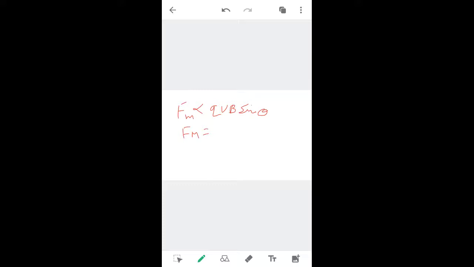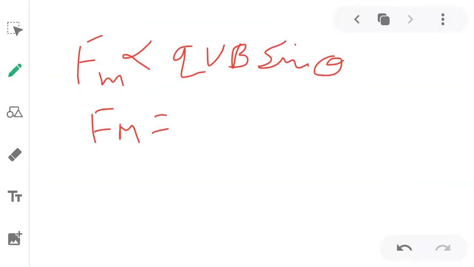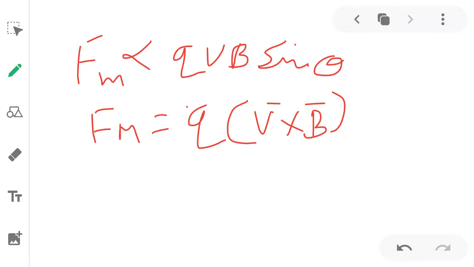Or in vector form, F is q v cross B. This is the Lorentz force. And the direction of force is determined by Fleming's left-hand rule.